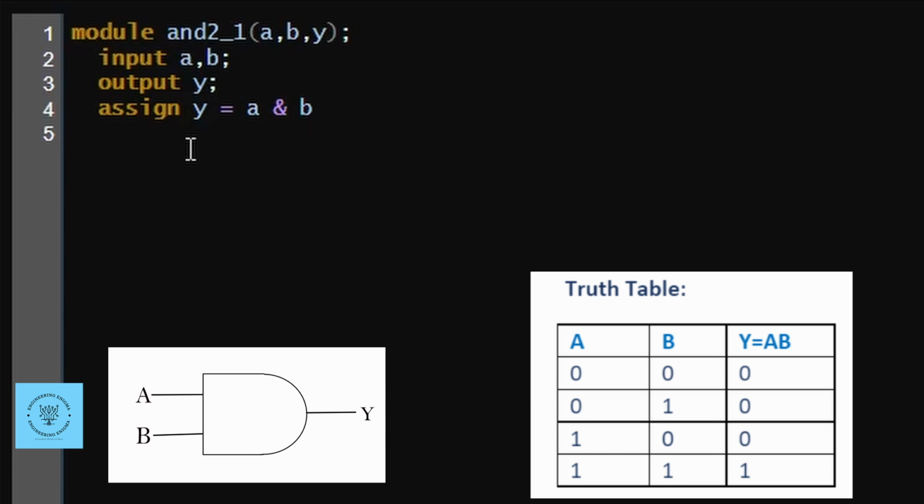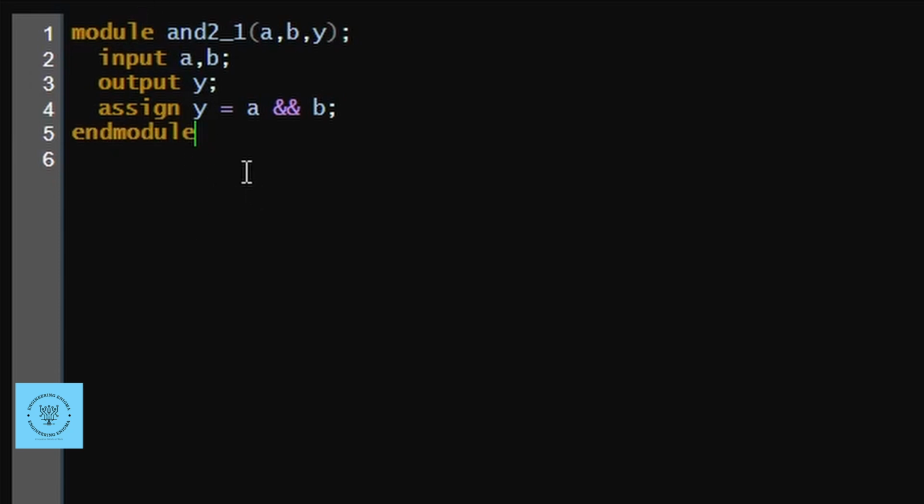You can use the double and. Mostly for logical operations we have to use the double and symbol. So a and b, and end module. So this is our code for the simple AND gate with two inputs and one output.